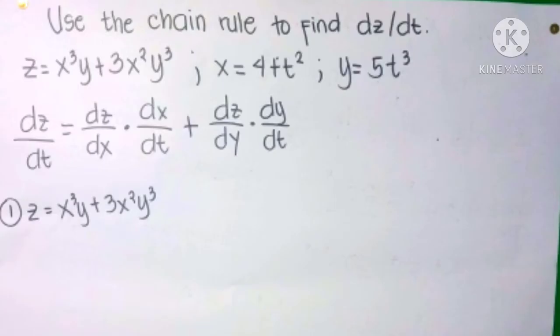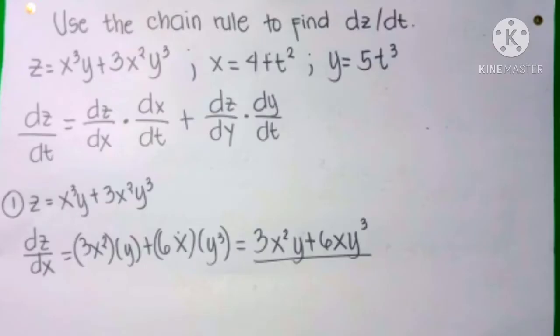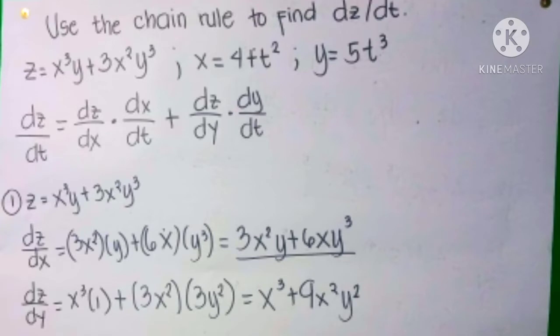So we're going to differentiate this function, but we treat y as a constant and differentiate only x. So dz over dx equals 3x squared times y plus 6x times y cubed. Next we have dz over dy.